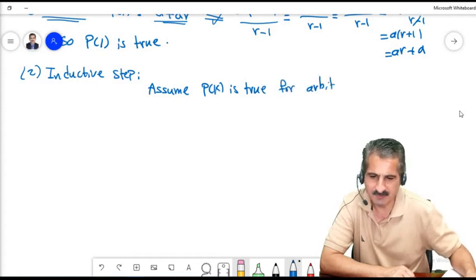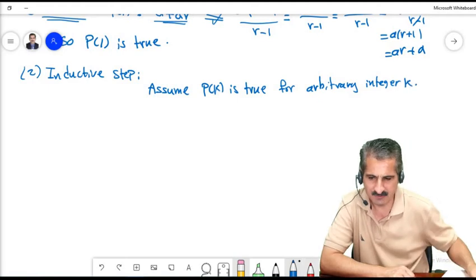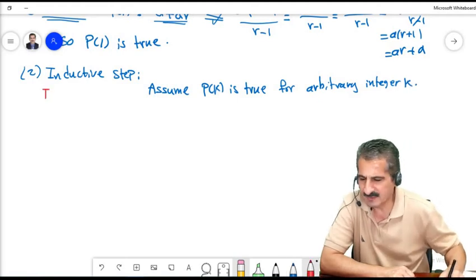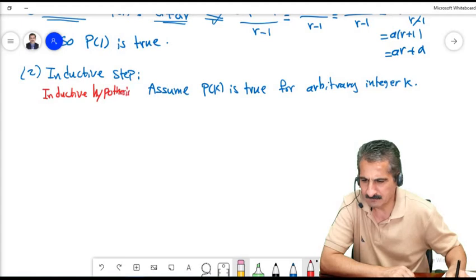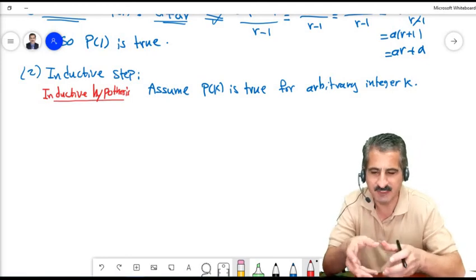We will be repeating that statement, and as before we call this the inductive hypothesis, and we will prove that assuming this is true, then P of k plus 1 is true.